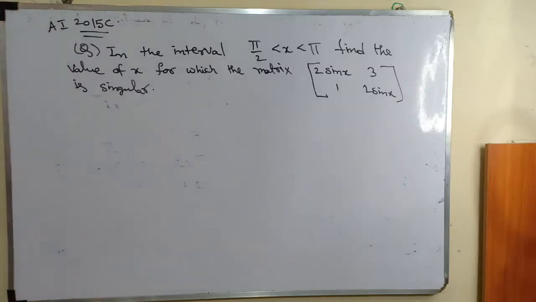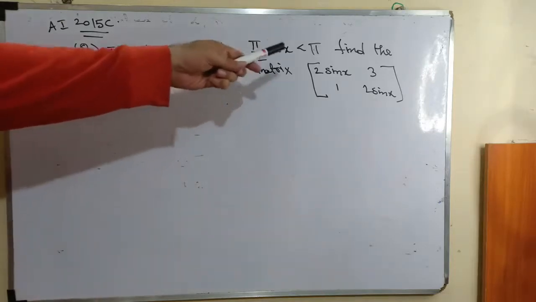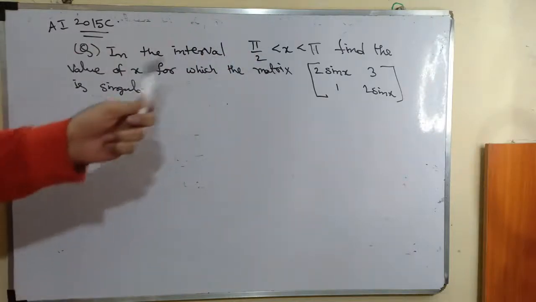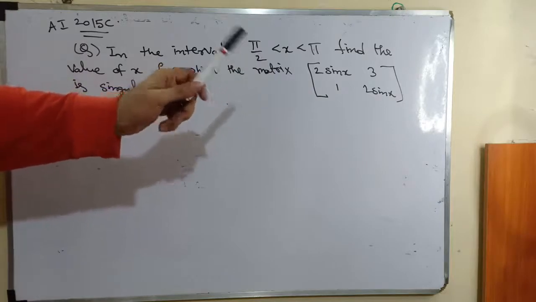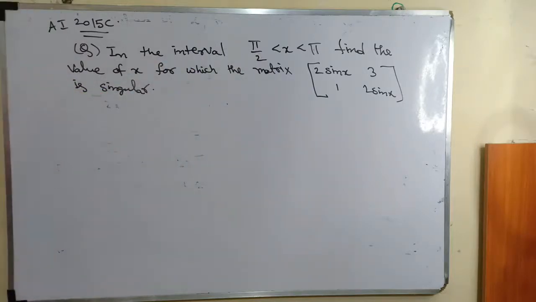Yeah, this is the challenging question I wish to discuss with you right now. In the interval pi by 2 less than x less than pi, find the value of x for which the matrix [2 sin x, 3; 1, 2 sin x] is singular. They said this matrix is singular, which means we have to set det to 0.